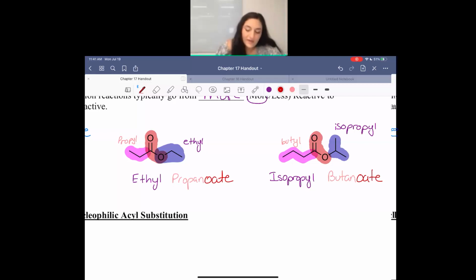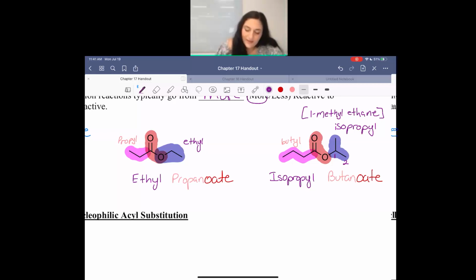However, the official IUPAC name would not use isopropyl. It would actually use 1 methyl ethyl. So 1 methyl ethyl would be the IUPAC name for that substituent.